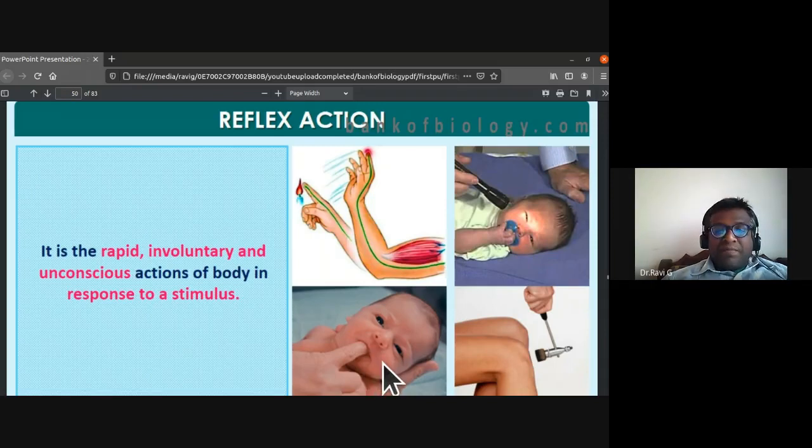Whenever you tap the kneecap, an involuntary kicking action is seen. We call it the knee jerk reaction.